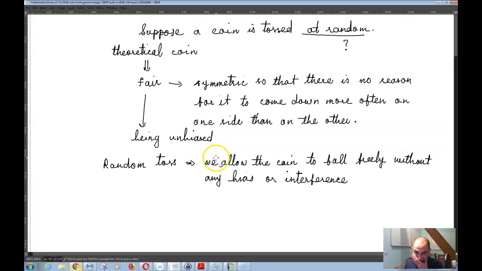Of course that is not possible practically, because there is always the interference of air and other forces in nature.